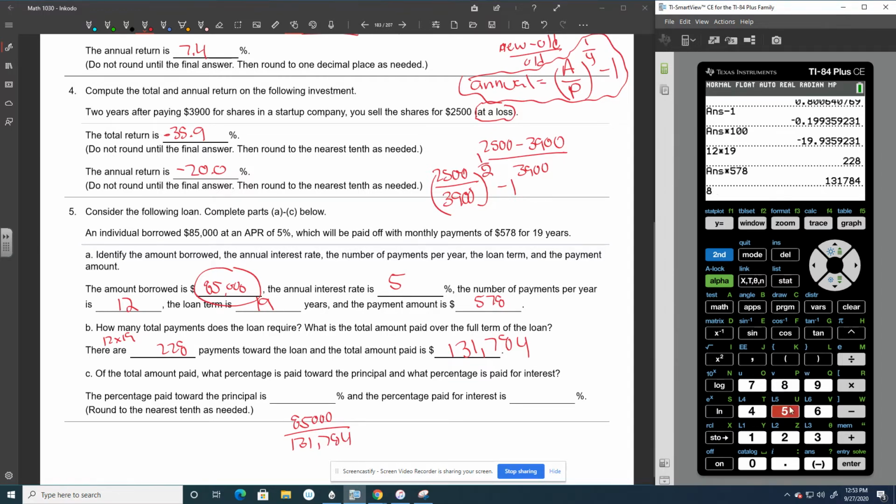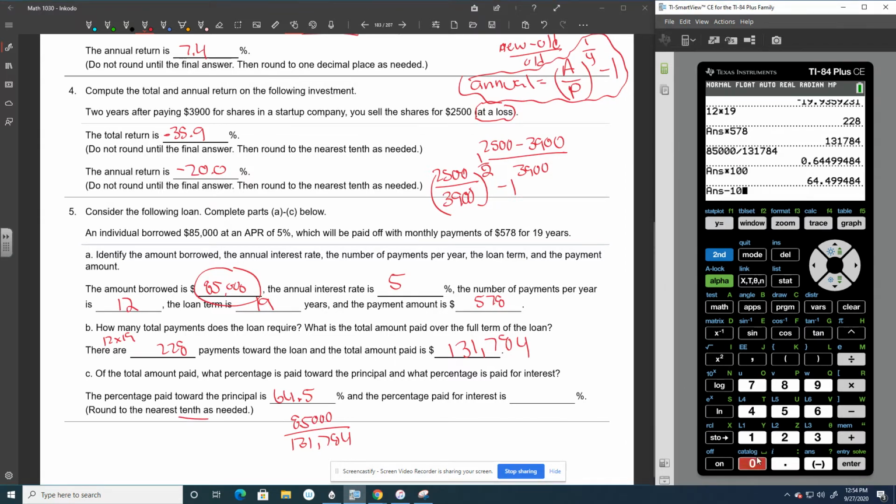So if I do the 85,000 divided by 131,784, that gives me 64.4. And again, if you need to times it by 100 to make it easier to see the percent, 64.49, and it tells me to round to the nearest tenth. So that's going to be 64.5% goes towards the principal, which means the rest goes towards the interest.